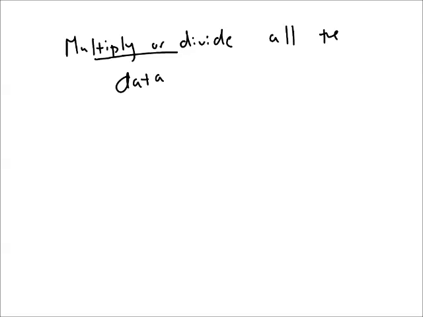When you multiply or divide all the data by a number, and here it will be b because it was a plus bx, we change everything.